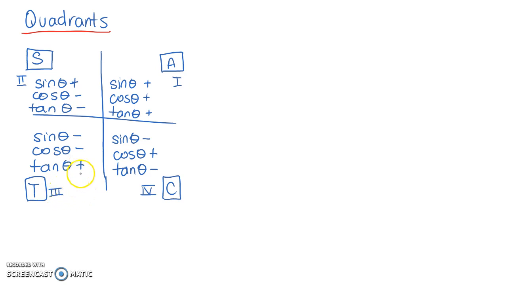In quadrant 3, same idea, we look at our x values and our y values, both of which are negative, and for our slopes, a negative divided by a negative gives me a tangent value that is positive. The other two, as a result, are going to become negative. In quadrant 4, again, our x values are positive, our y values are negative, and if we look at the ratios for each of these, cosine ends up being the only one that is positive.